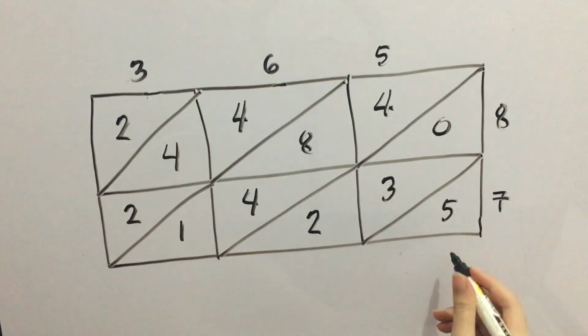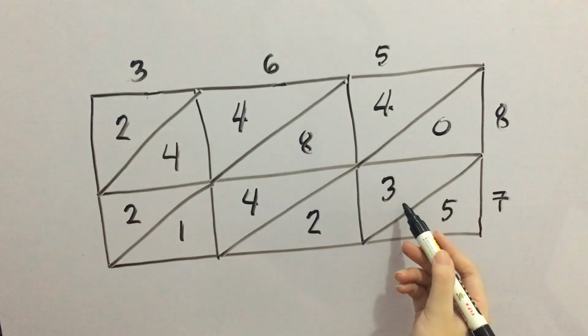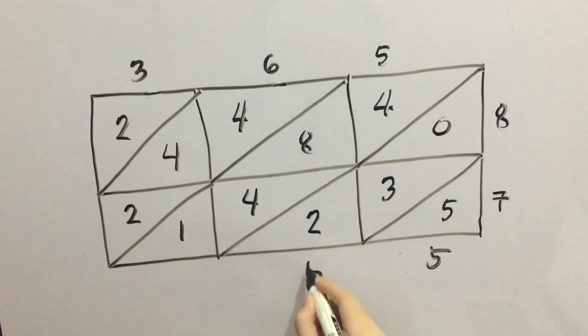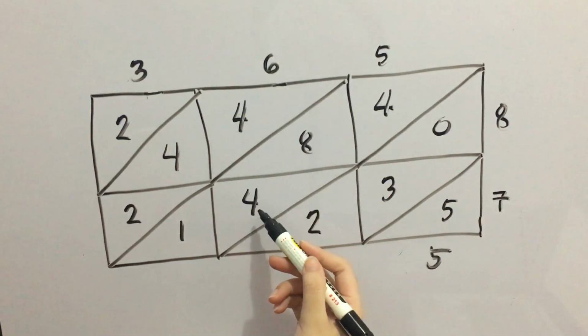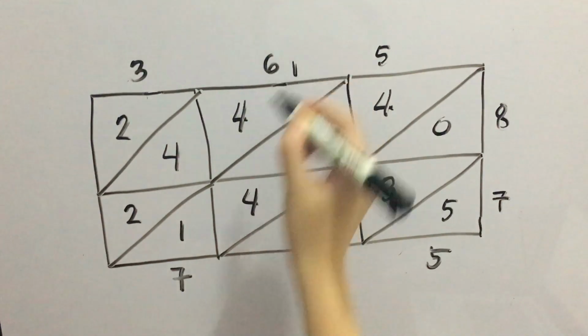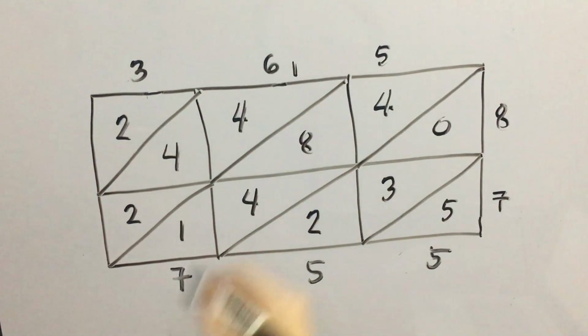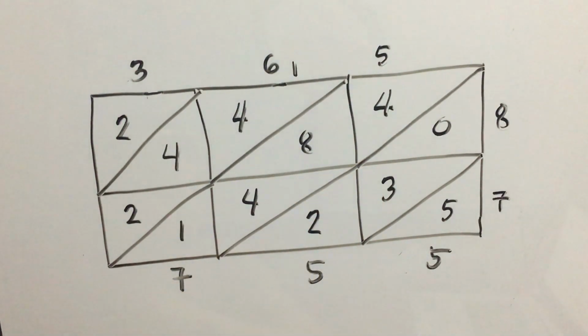Starting from the right, let's write 5. Then 0 plus 3 plus 2 equals 5. Next is 4 plus 8 plus 4 plus 1 equals 17. Take note that 17 is a 2-digit number, so write 7 as is. Then write and add the 1 to the sum of the next diagonal. Followed by 1 plus 4 plus 4 plus 2 equals 11.